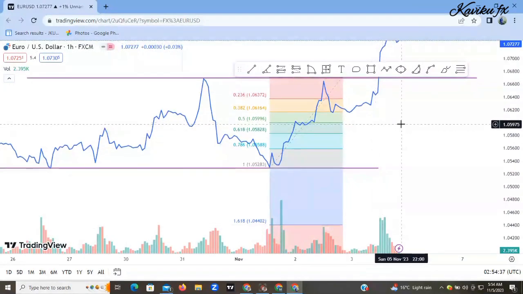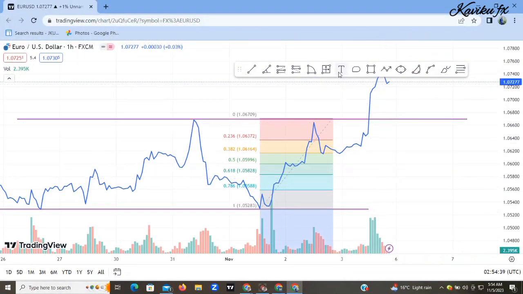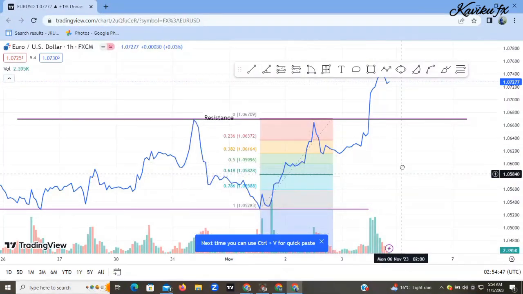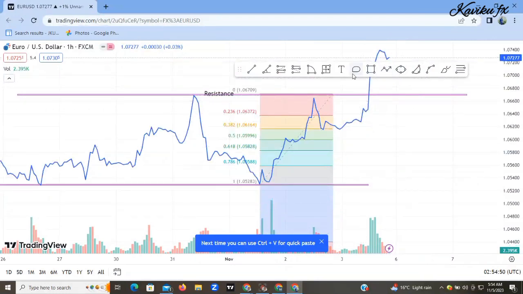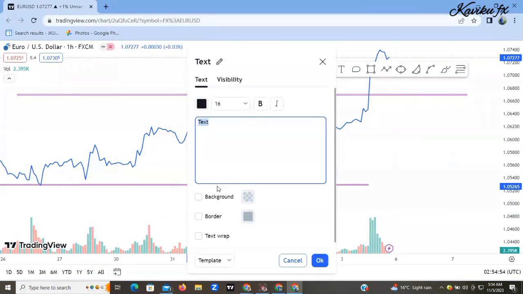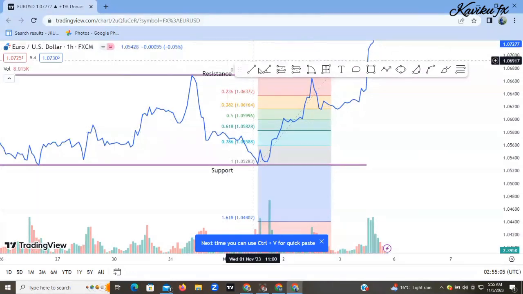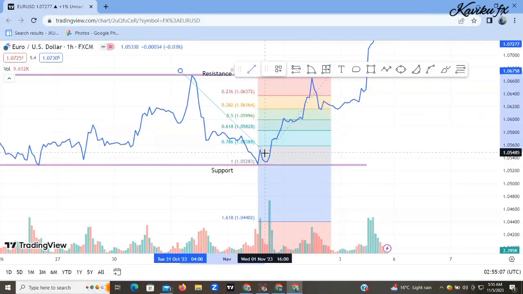How you identify a pullback in a Fibonacci retracement: maybe you can try using the line graph, then you draw where the retracements are taking place. That's the first retracement, like the scale is 1, then 0.7, 0.6, 0.18, 0.5. Sorry, 0.5 is the middle.